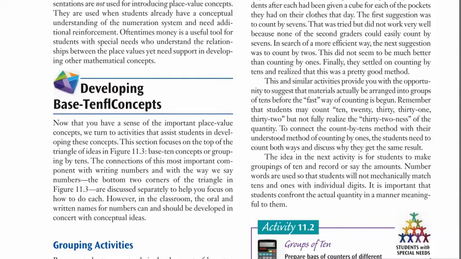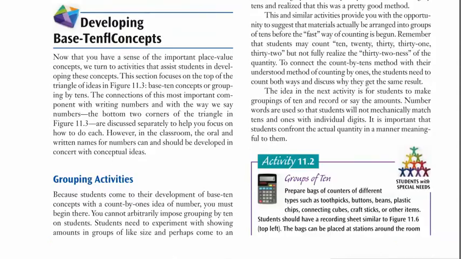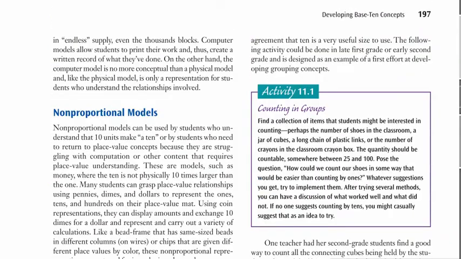However, in the classroom, the oral and written names for the numbers can and should be developed in concert with conceptual ideas. Because students come to their development of base 10 concepts with the count by ones idea of number, you must begin there. You cannot abruptly impose a grouping by 10 on students. Students need to experiment with showing amounts in groups of like size and perhaps come to an agreement that 10 is a very useful size to use.